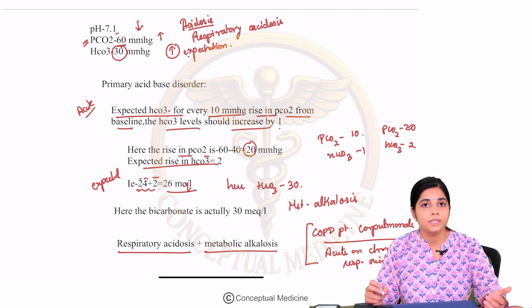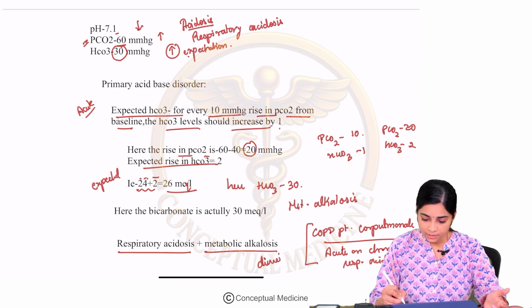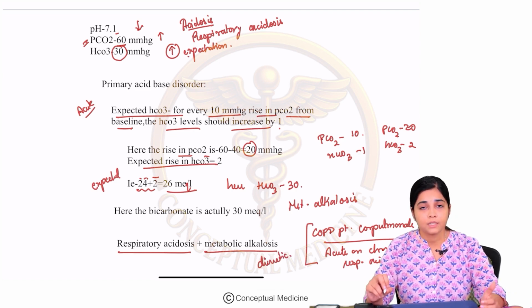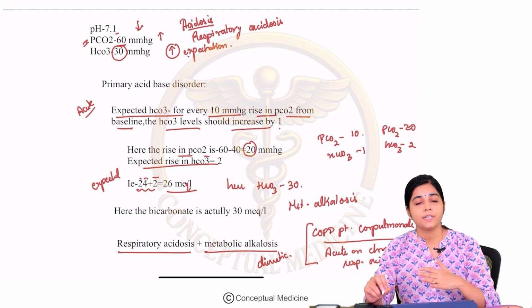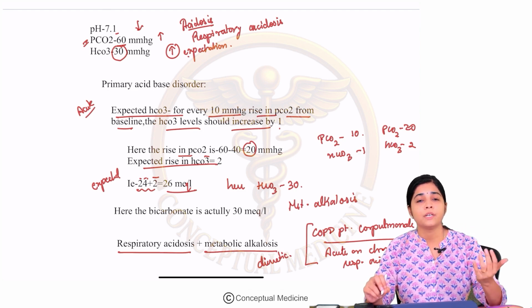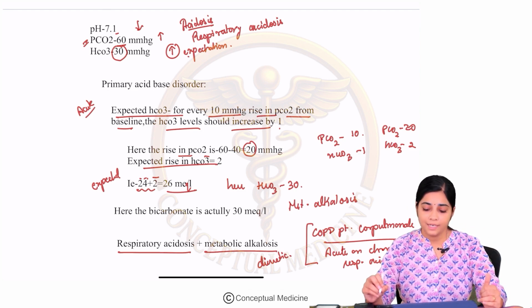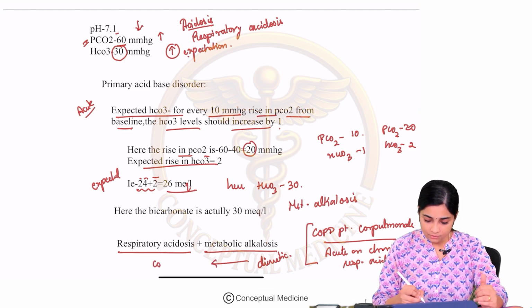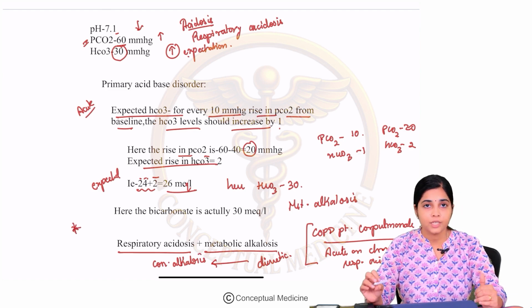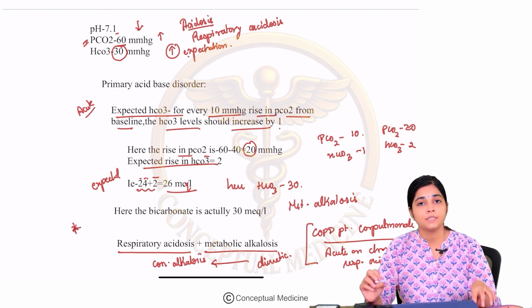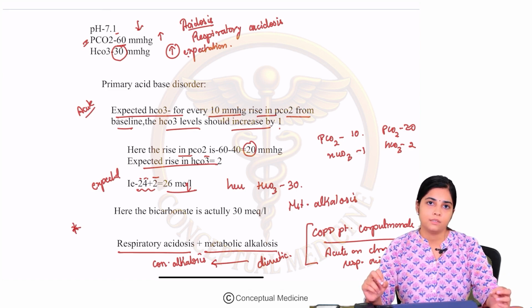So, what do you generally treat it with? You give him a diuretic. But over 2 to 3 days, what happens? The diuretic is going to remove your excess sodium and water, and you will have contraction alkalosis. So this is a very common clinical scenario where you can get respiratory acidosis with an additional metabolic alkalosis.